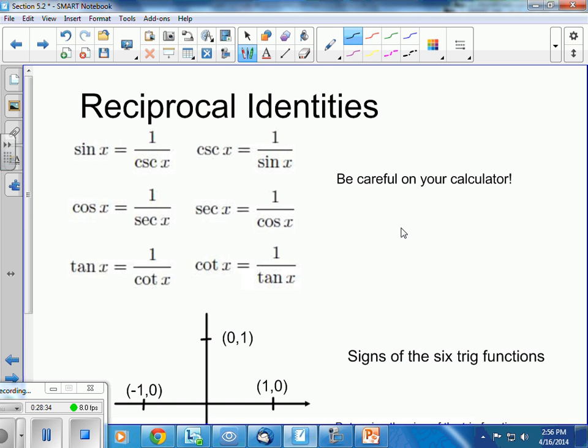If you were asked for the cosecant of some value, let's just say 45 degrees, on your calculator, the only trig functions you have are sine, cosine, tangent. If you want the cosecant of 45 degrees, you know that the cosecant is the reciprocal function of the sine.